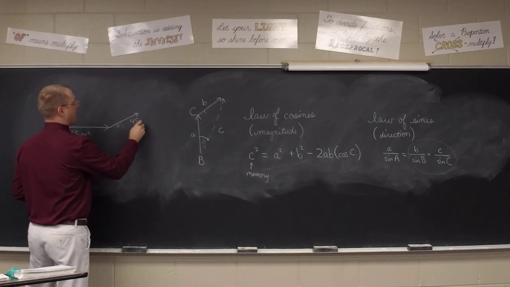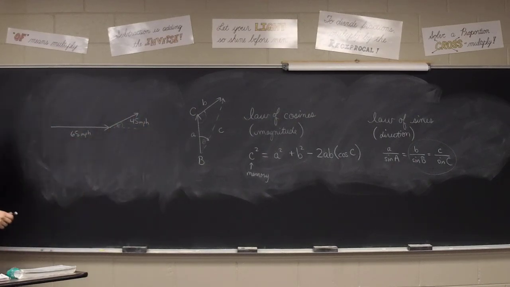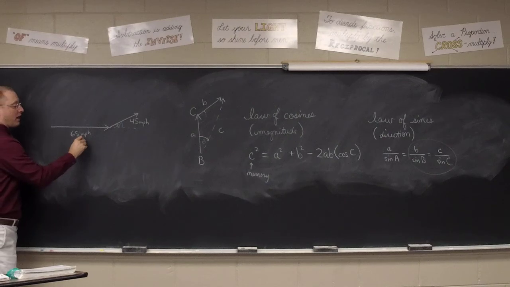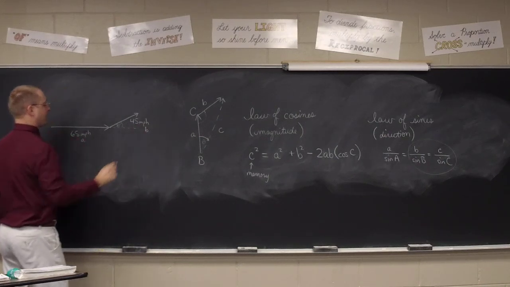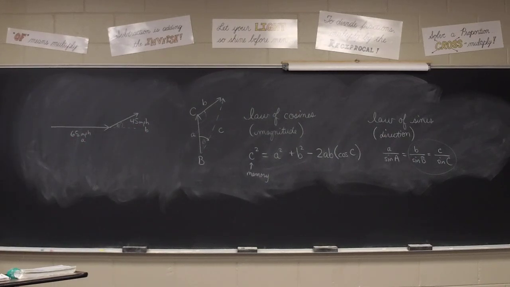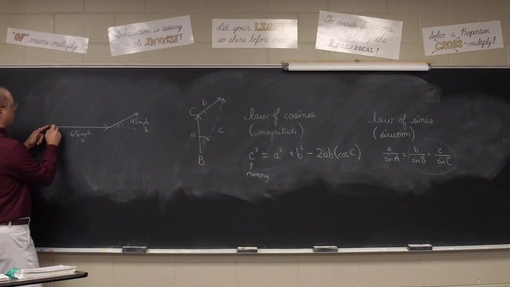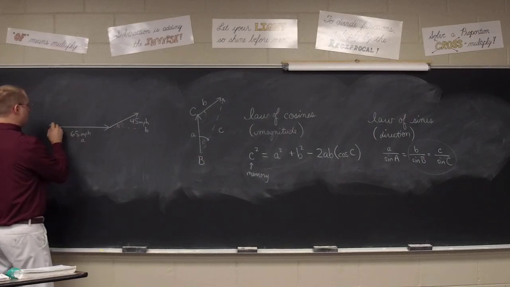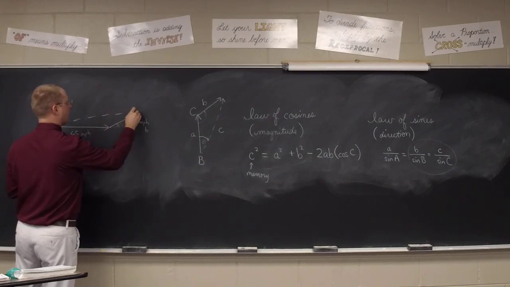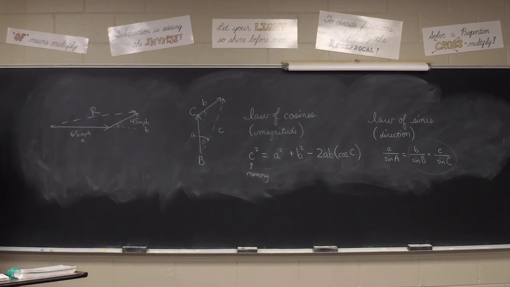This is 45 miles per hour. We could call this primary vector A, secondary vector B. Make sense? And just like we would have done with the perpendicular vectors, we're going to draw a resultant from start to finish. There's my resultant, which of course would be letter C.